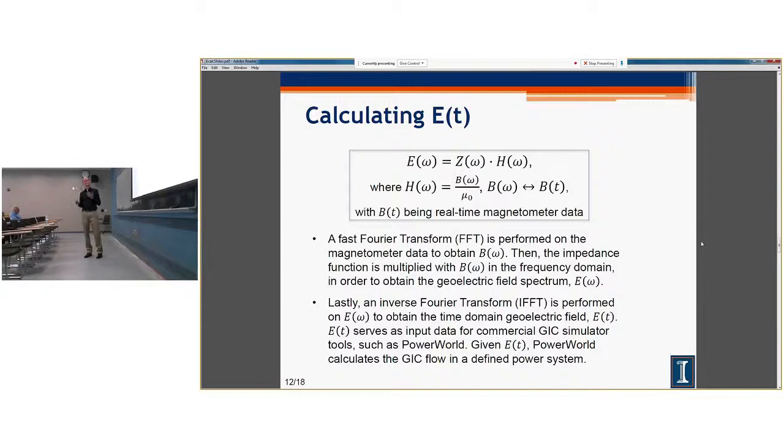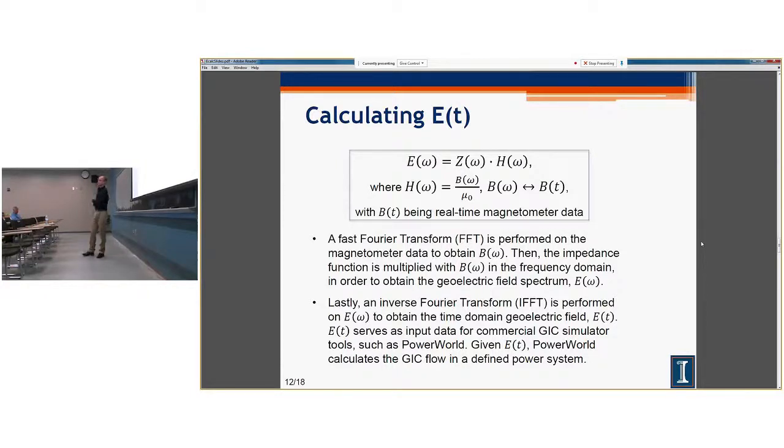So now calculating the electric field. As we saw before, this is the equation right here that's key. And we're going to use some frequency analysis and some Fourier transform stuff in order to take advantage of the multiplication in the frequency domain, so we don't have to do recursive convolution in the time domain.